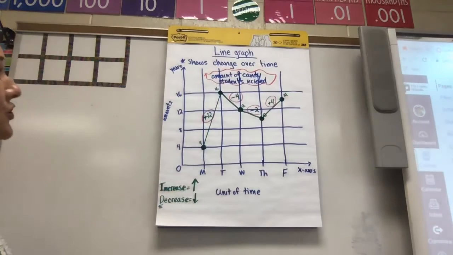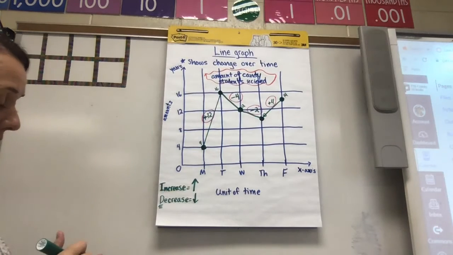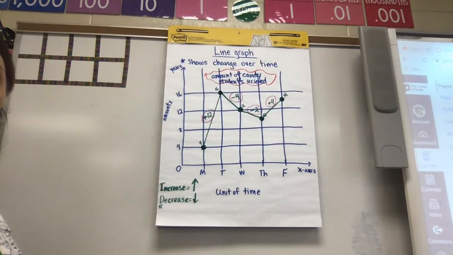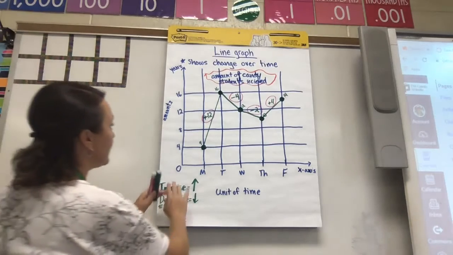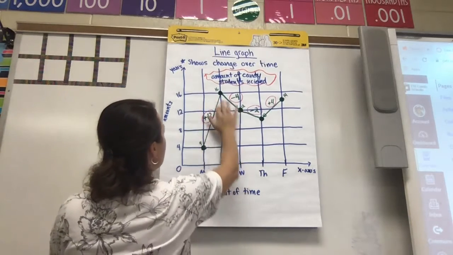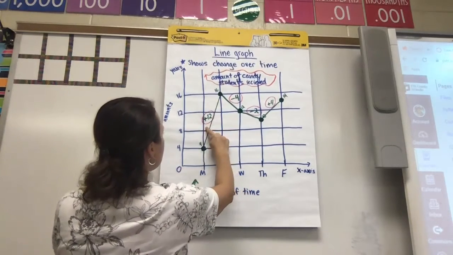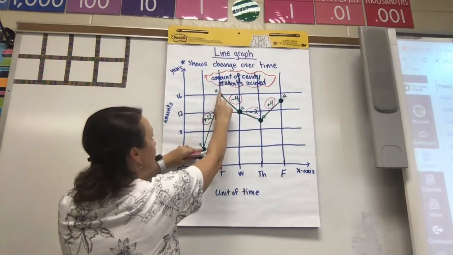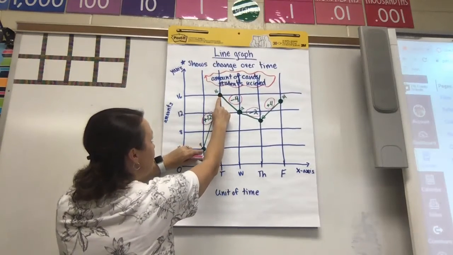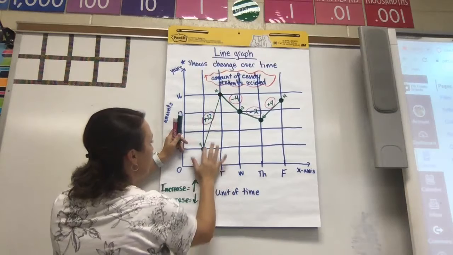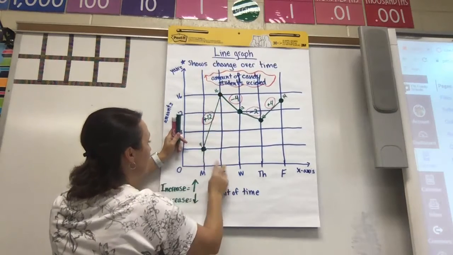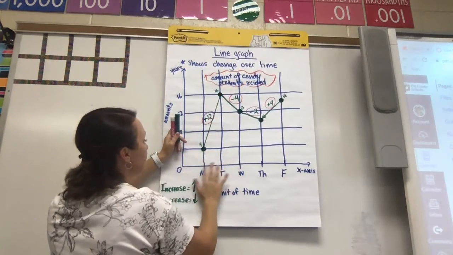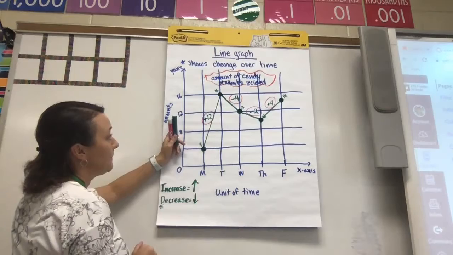So if the question is, between which 2 days is the greatest increase? Well, the greatest increase is right here. But you can't say the greatest increase is between 4 and 16 because the question said between what 2 days? Well, between what 2 days? This is Monday and this is Tuesday. The greatest increase occurred between Monday and Tuesday.